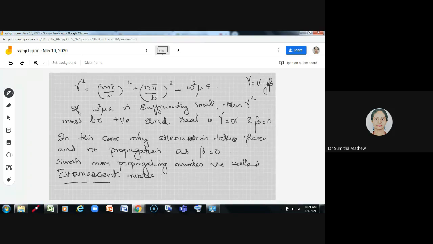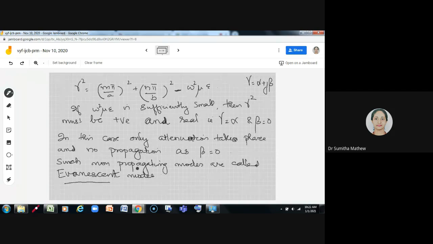If it is purely real, the beta part will be 0. That means no phase constant, only attenuation takes place, which means the wave is reduced in amplitude and there is no propagation. Understand? If omega square mu epsilon is sufficiently small, gamma is positive and real, equal to alpha alone as beta becomes 0, which means only attenuation will take place for that wave and no propagation will occur.